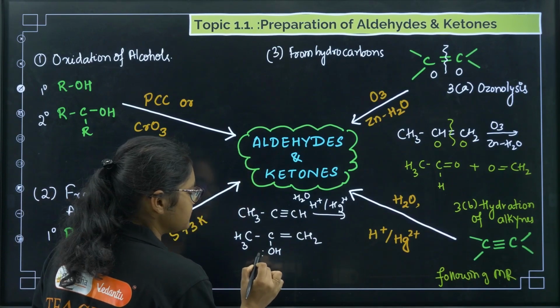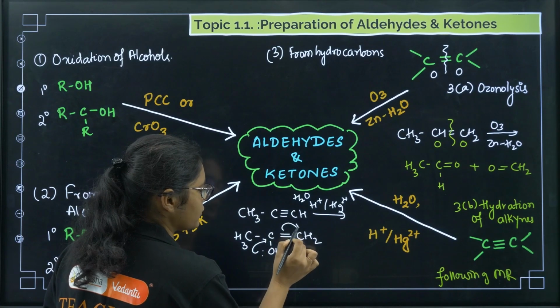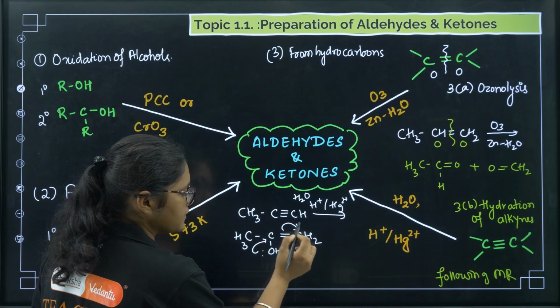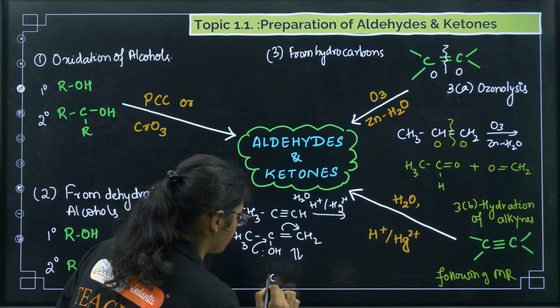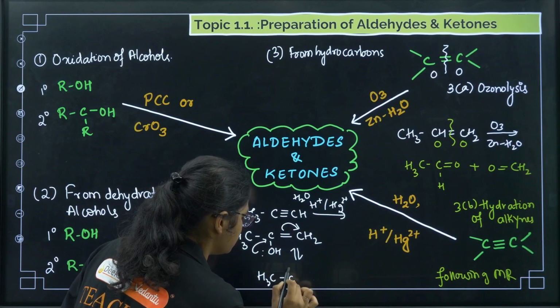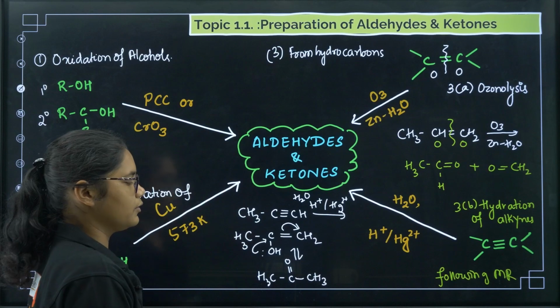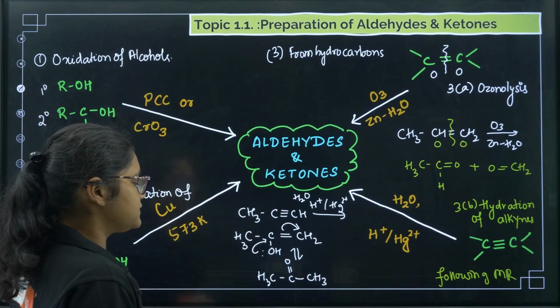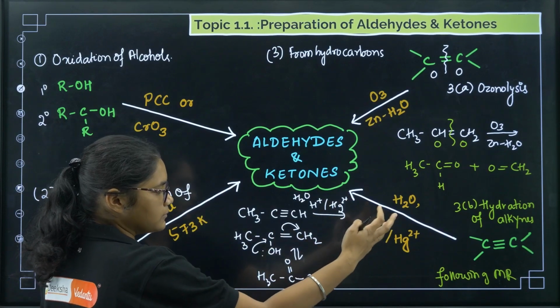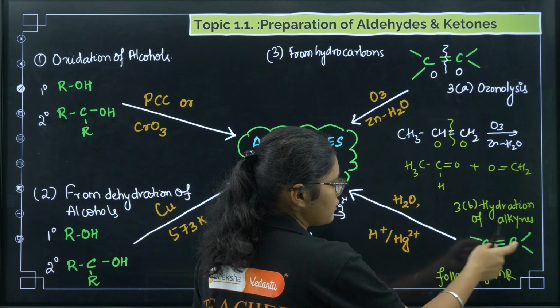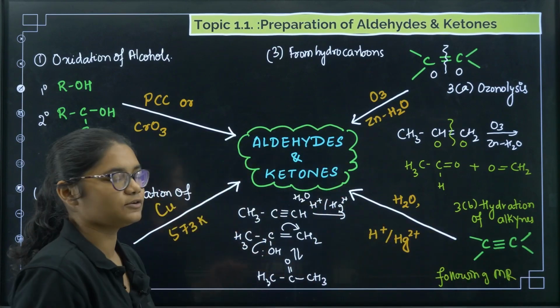Now tautomerization takes place. So this H will come here and this bond comes here, and we get a compound like this, CH3 C double bond O CH3. So this is how hydration of alkynes can give you aldehydes or ketones.